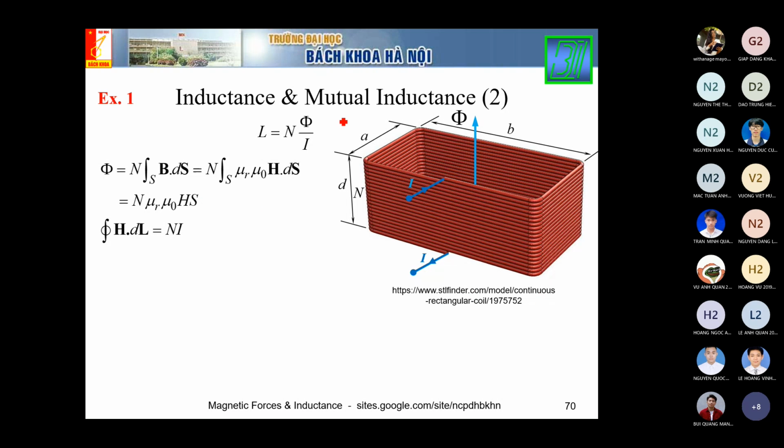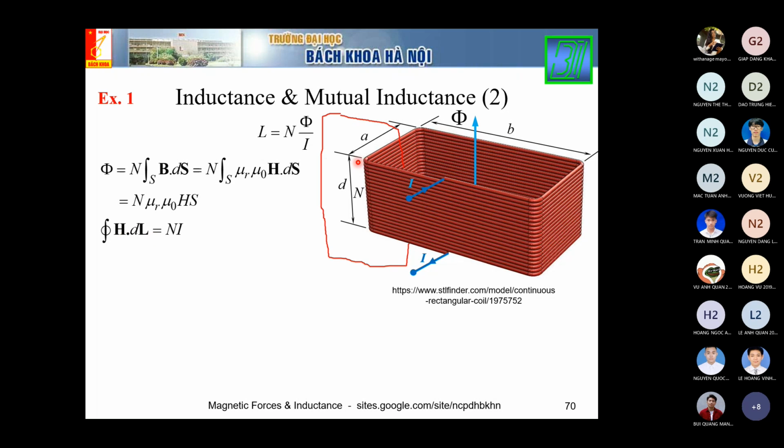For example, I draw a closed trajectory like this, and I apply Ampere's law to this rectangular trajectory. We knew that inside the coil, the magnetic field is constant, and in the exterior of the coil, there is no magnetic field.